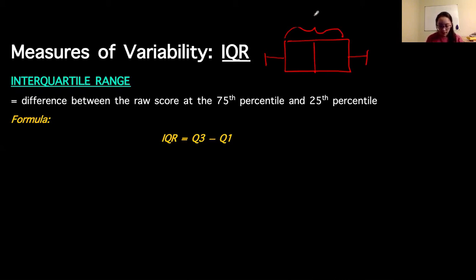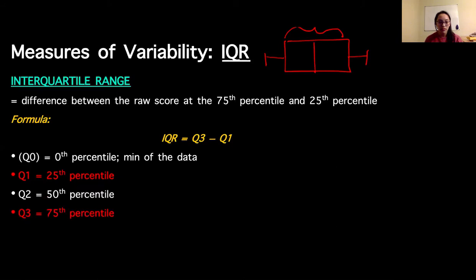So basically what we do is we split our distribution up into 4 parts, okay, or what we call quartiles. Quartile 0 technically doesn't really exist, but we call that wherever the minimum of the data is, right? Or where the 0th percentile would exist.